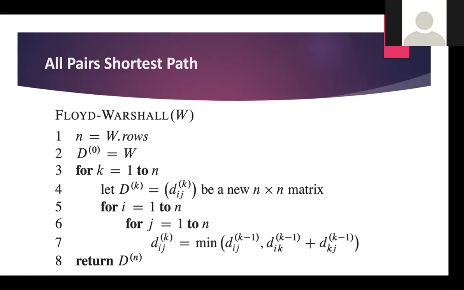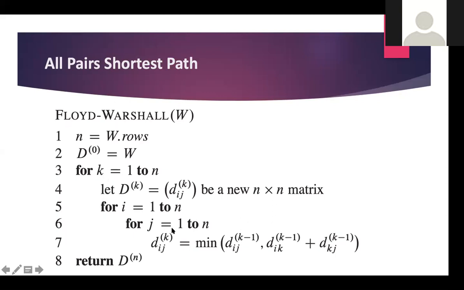situations. There is another important property of dynamic programming that is used here, and that is to store intermediate solutions, or to store previously computed solutions. Here it turns out that you have to store the entire matrix that you computed in iteration k minus 1.